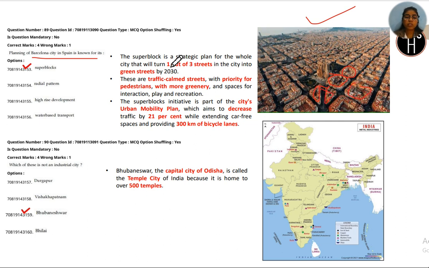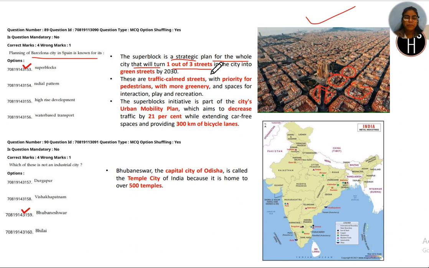Fine. So what is the concept of the super blocks? The super block is a strategic plan for the whole city that will turn one out of three streets into green streets, by the year 2030. In place of three streets you will get one street, so the function of three streets can be fulfilled by a single street, with plantation and all those things.